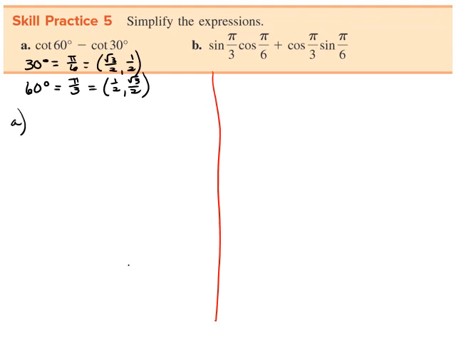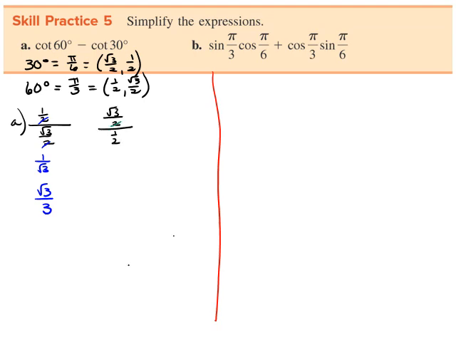So in part A, if I want cotangent of 60 degrees, I want cosine of 60 over sine of 60. The 2's cancel, and I'm left with 1 over root 3, which is equivalent to root 3 over 3. Cotangent of 30 degrees is root 3 over 2 over 1/2.